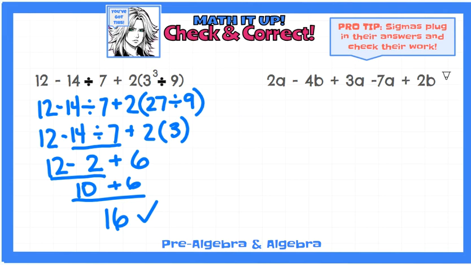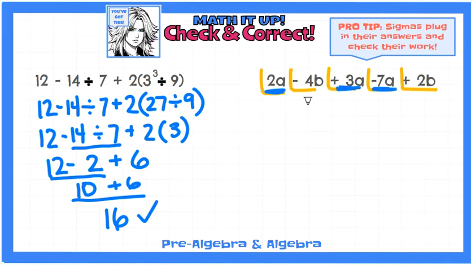All right, let's look at the other one now. In this one, we're talking about terms that have variables, so we're looking for like terms here. These all have signs that belong to them. Think about that in that way. So we have A's here, here, and here.